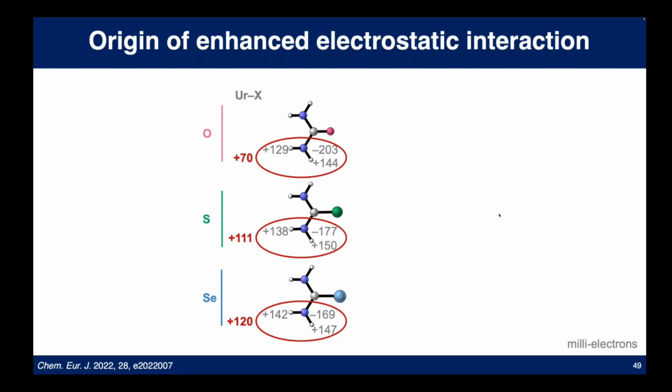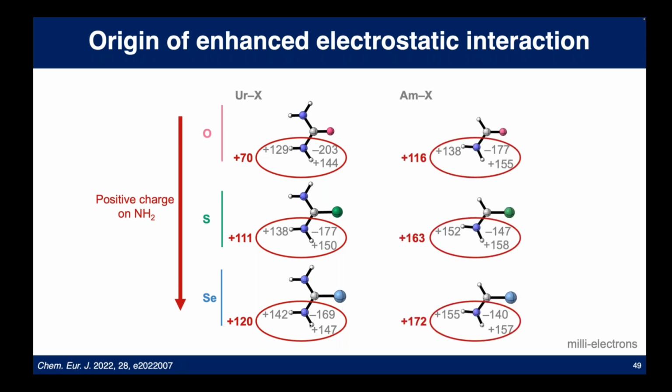And by analyzing the Voronoi charges, we saw that selenium has an NH2 group that is more positively charged. And the same holds also for the amide. So having this more positively charged NH2 group will, of course, give better electrostatic interaction.